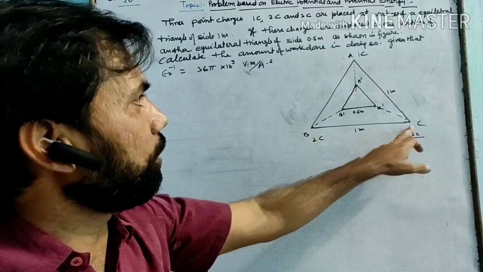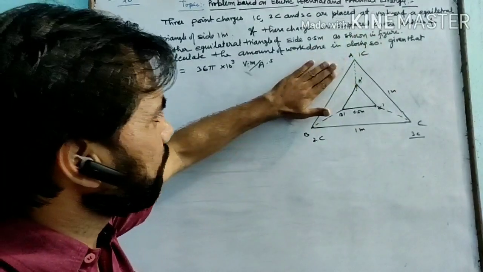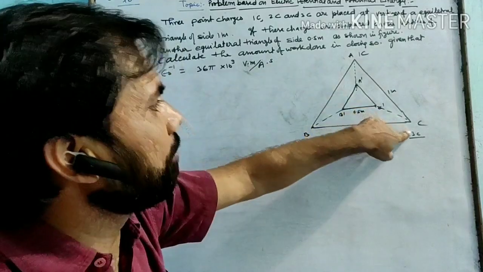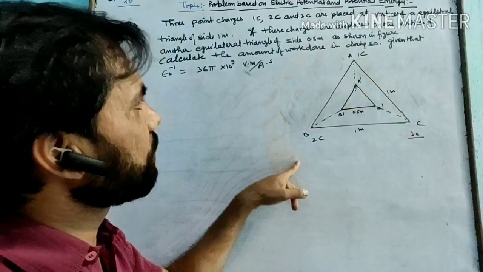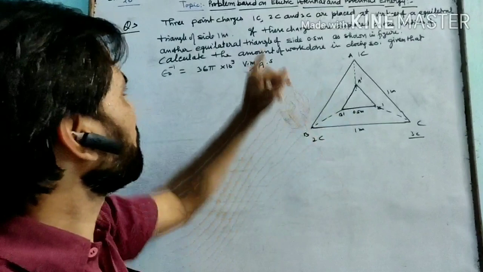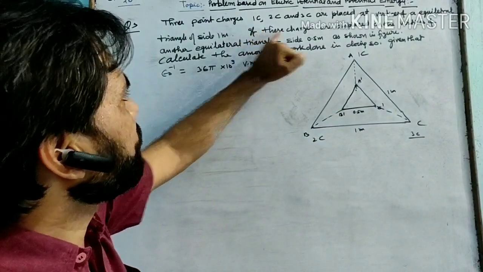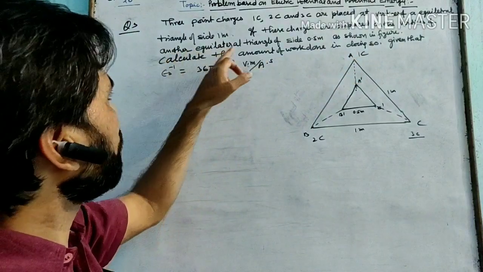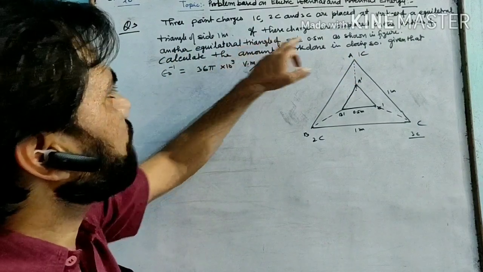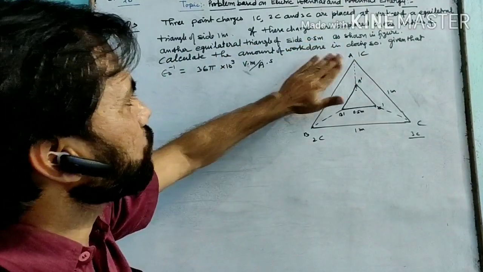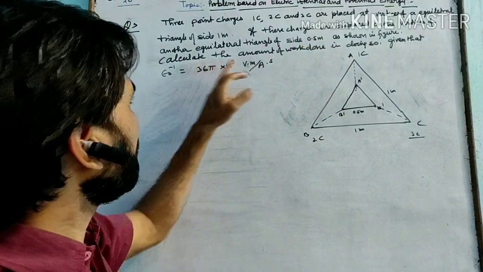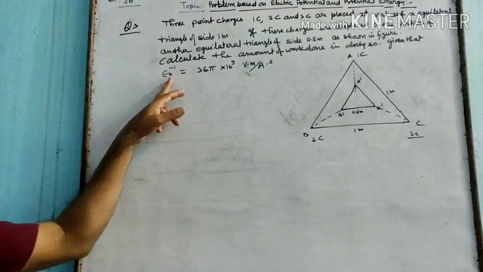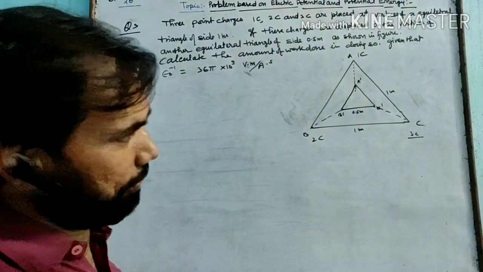ABC is an equilateral triangle of side 1 meter, and charge 1 coulomb, 2 coulomb, 3 coulomb is placed at the vertices of this triangle. If these charges are displaced on the vertices of another equilateral triangle of side 0.5 meter as shown in the figure, calculate the amount of work done in doing so, given that epsilon 0 inverse is equal to that much.